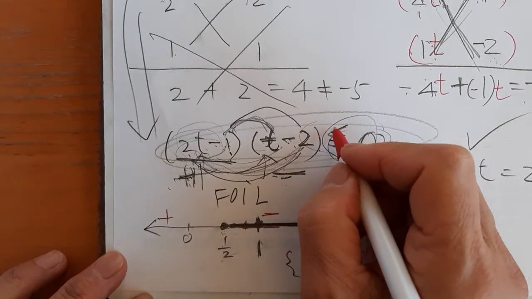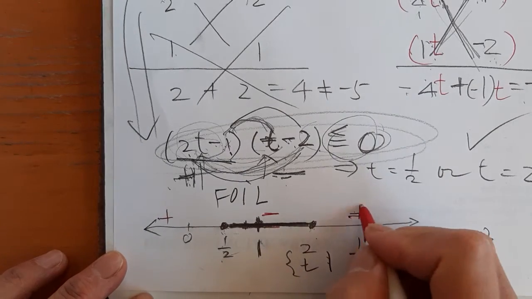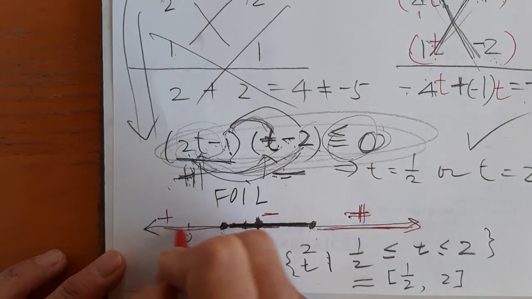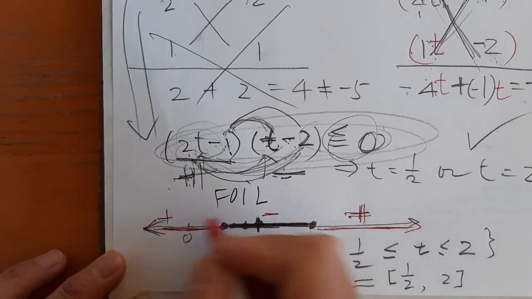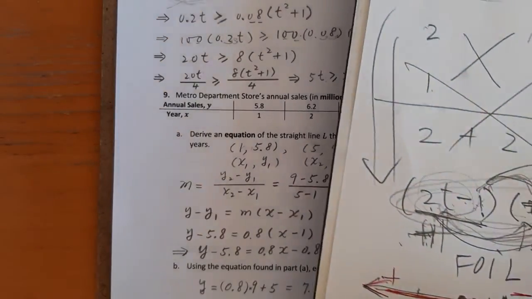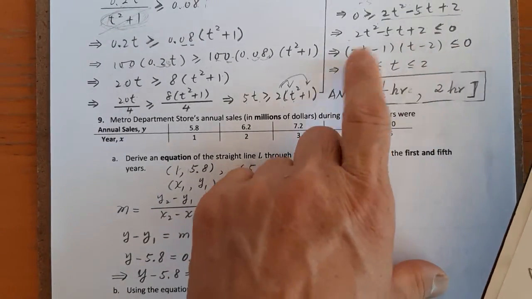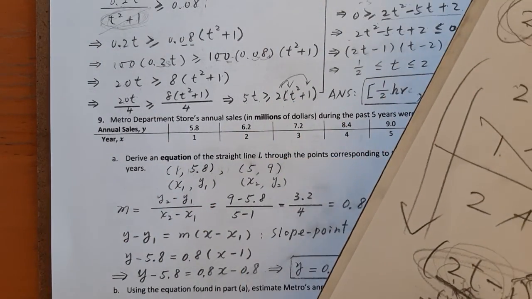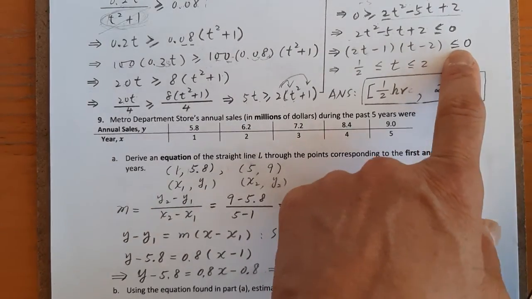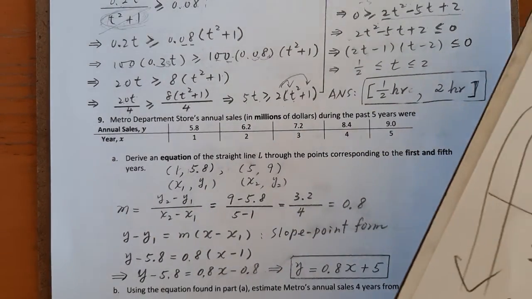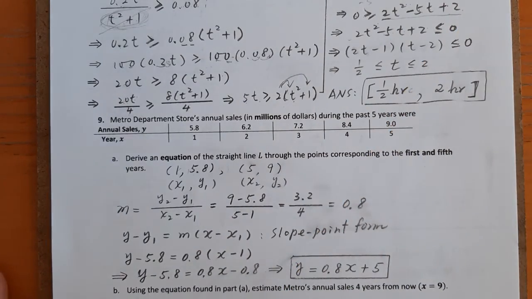If this inequality is greater than 0, the answer should be this side, the two intervals greater than 0. Now here it is less than 0, so your answer is between the two. If it is greater than 0, then you have to answer this interval and this interval, the two-sided intervals.